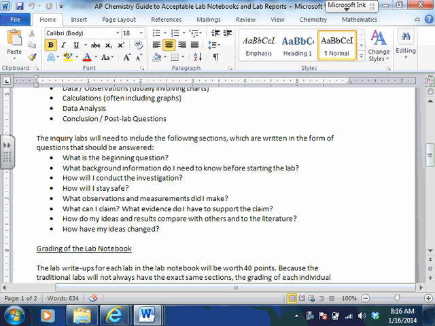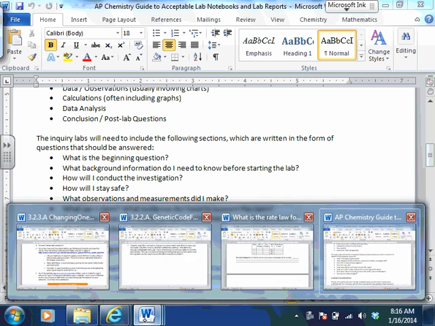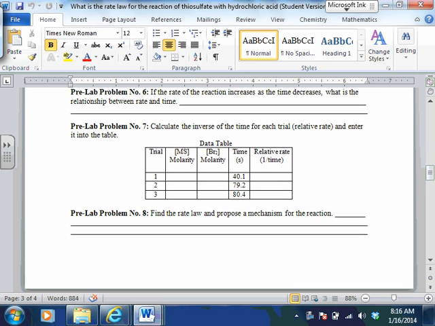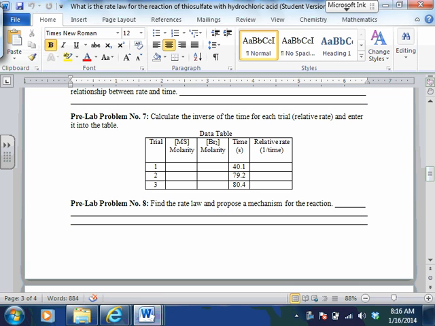The observations and measurements that you made should be in a data table like this one right here, where you're measuring the molarity of the concentration of both the thiosulfate and the H3O+, okay? So you're measuring those 2 concentrations, you're measuring your time.